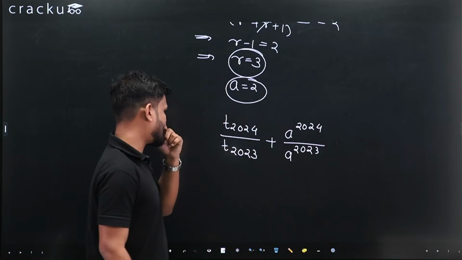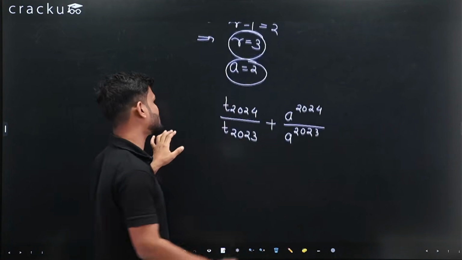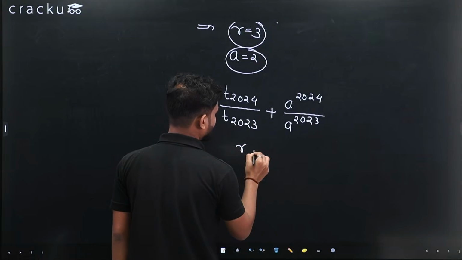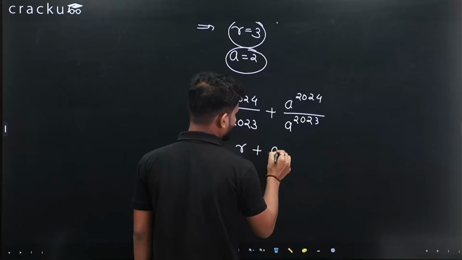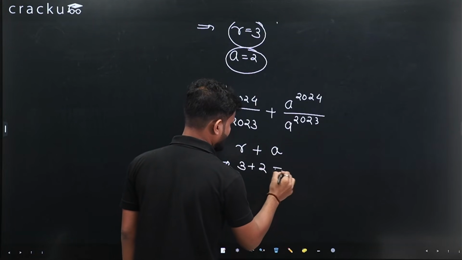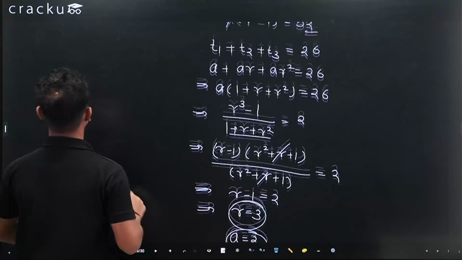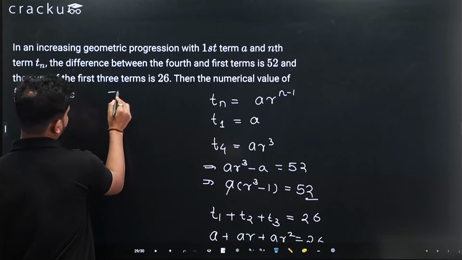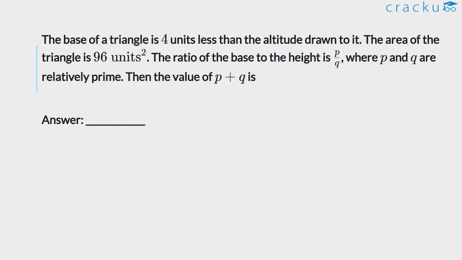Now these two are consecutive terms, so the ratio of consecutive terms is constant. This is nothing but r, plus a to the 2024 divided by a to the 2023 is nothing but a. So r is 3, a is 2. So 3 plus 2 is 5. So the answer to this question will be 5. So this is how you can solve the given question.